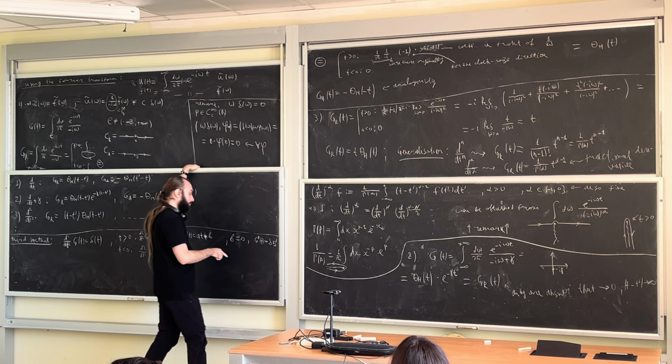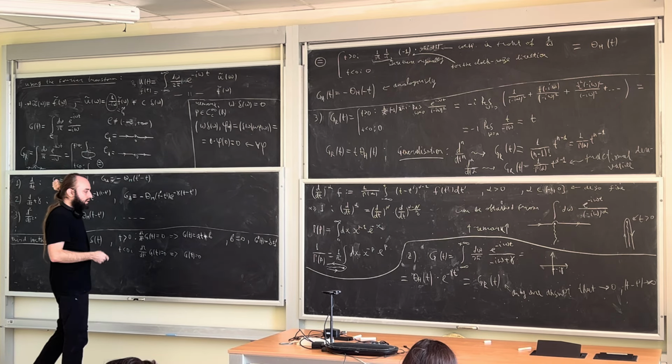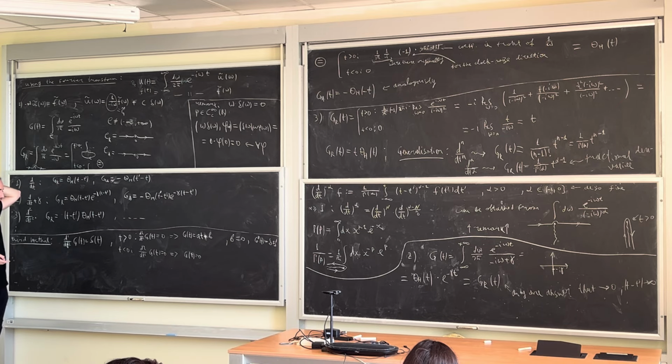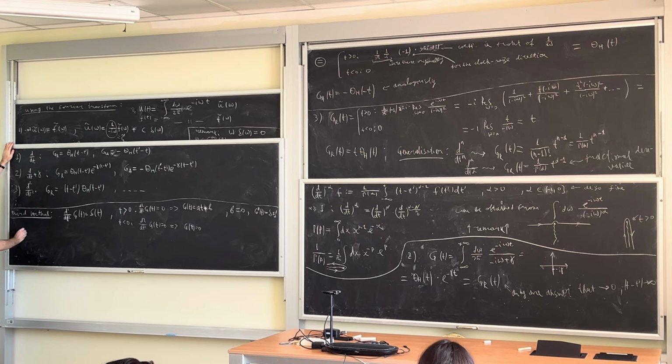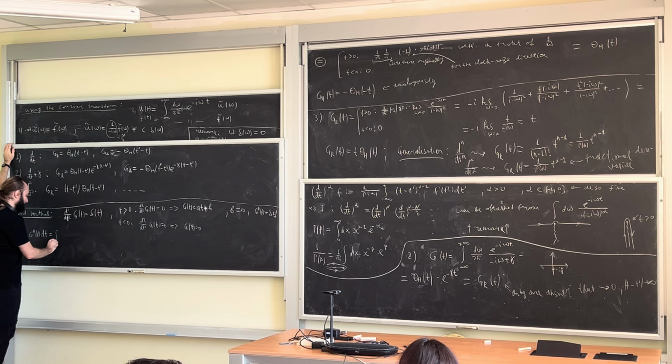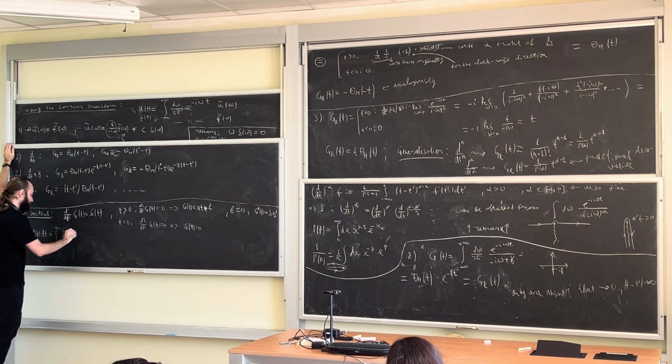So first, the function itself should be continuous. But now we need to compute this discontinuity. To do this, we integrate our equation from 0 minus epsilon to 0 plus epsilon: the integral of g double prime of t dt equals the integral of delta of t dt.